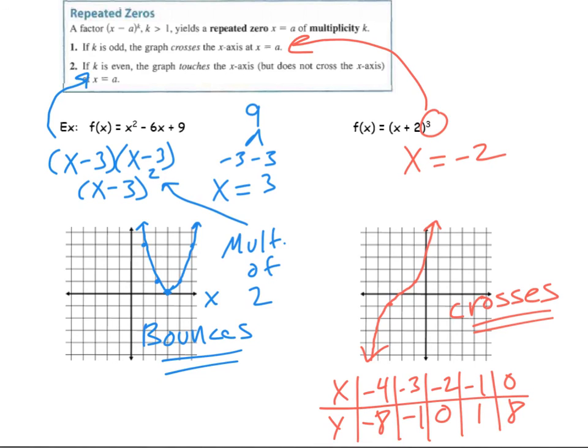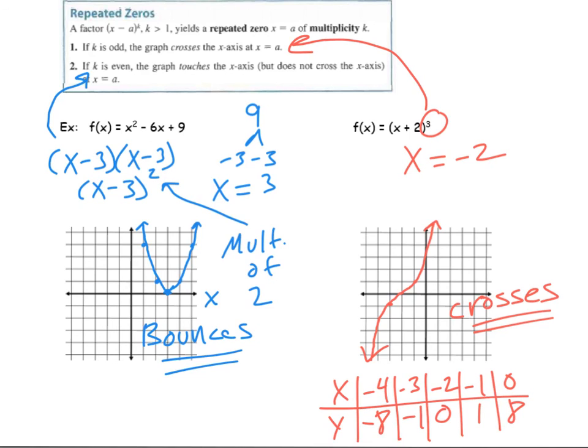Okay, the multiplicity is even, right? Again, the two most common scenarios you would see is that if the multiplicity is 2, you've got a bouncer. Now, in the second one, the multiplicity was 3. That's odd. But the most common one you'll see is a multiplicity of 1, right?